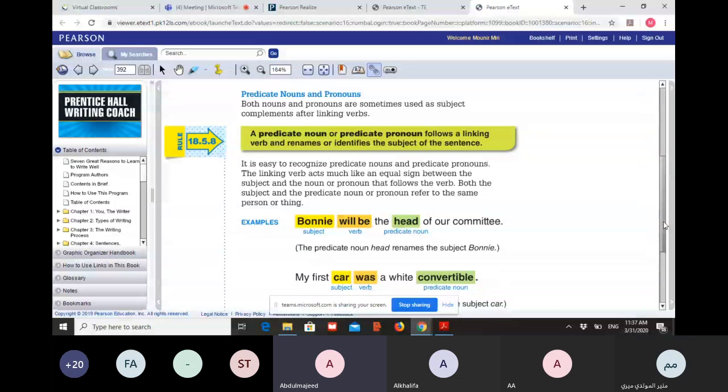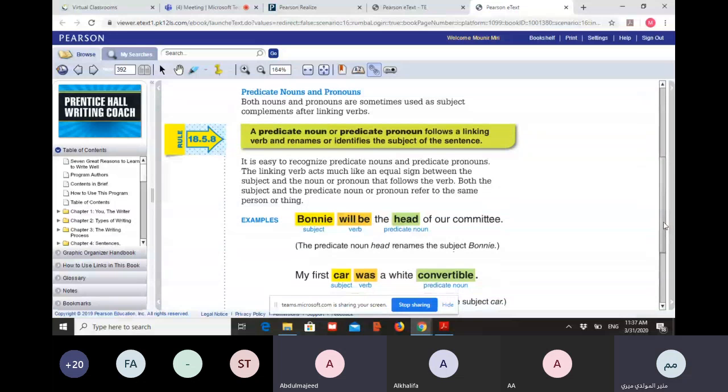It is easy to recognize predicate nouns and predicate pronouns. The linking verb is much like an equal sign between the subject and the noun or pronoun that follows the verb. Both the subject and the predicate noun or pronoun refer to the same person or thing.